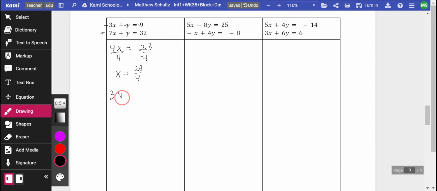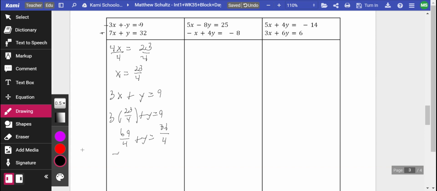So if I plug it into this equation, 3x plus y is equal to 9, I'll get 3 times 23 over 4 plus y is equal to 9. I'll get 69 over 4 plus y is equal to, let's change this into divide by 4, this would be 36 over 4.